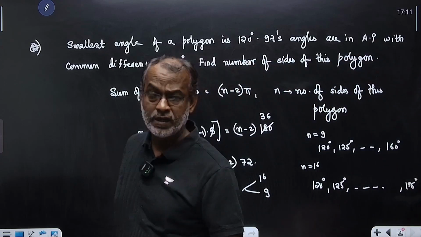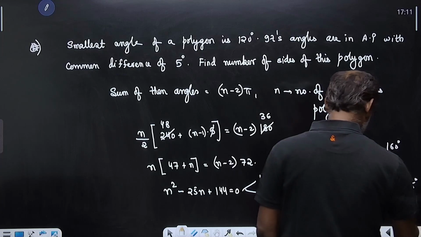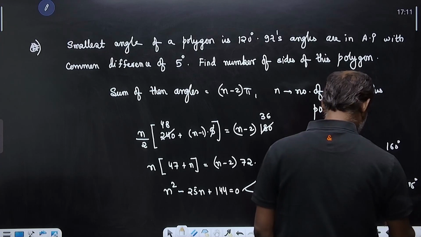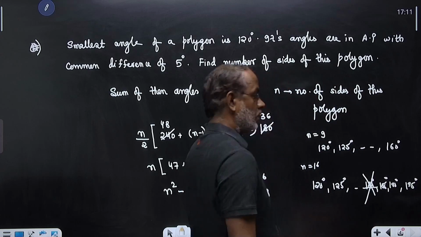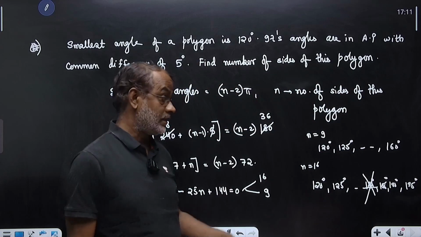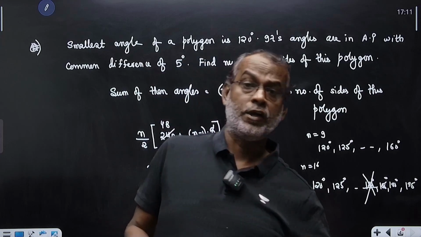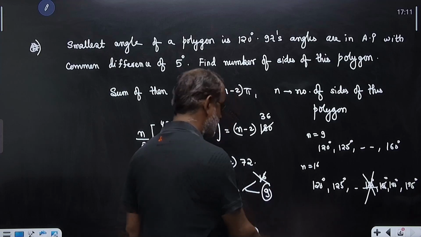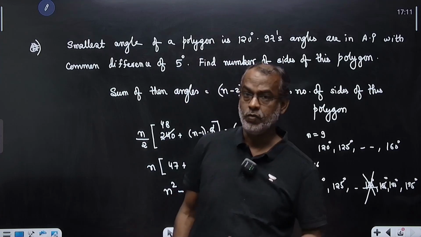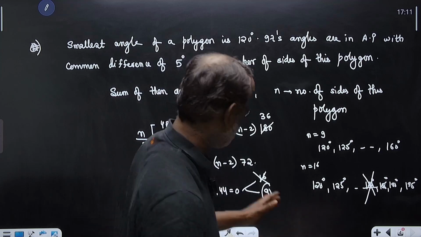Are you able to understand the situation? See, prior to it would be 190 degrees, prior to it would be 185 degrees, and prior to it would be 180 degrees. So sides cannot be such. You cannot have an angle of a polygon equal to 180 degrees, and therefore 16 is ruled out, and the answer is only 9.